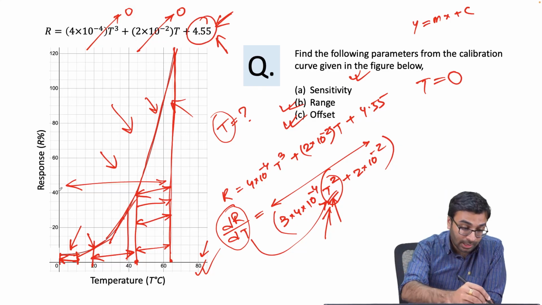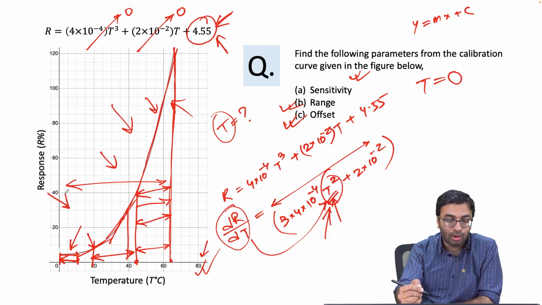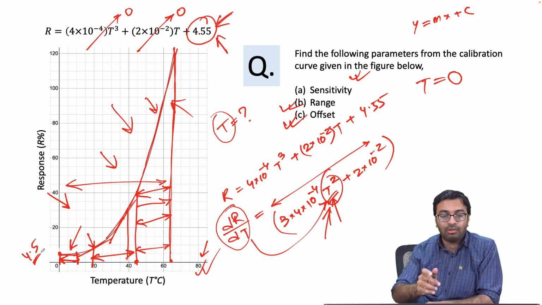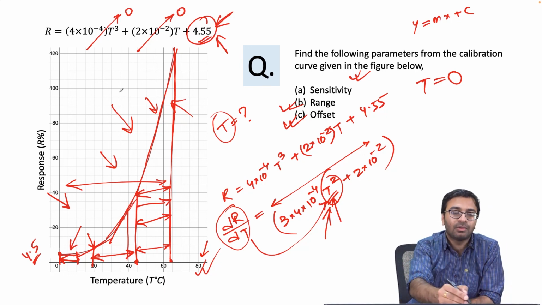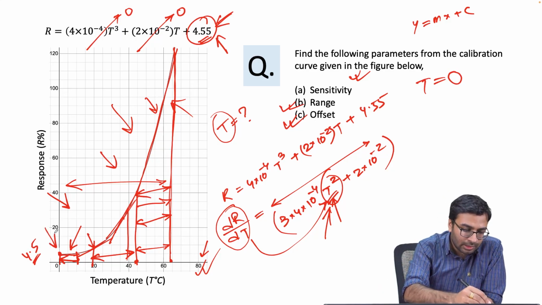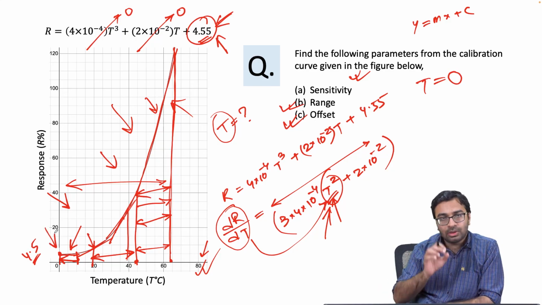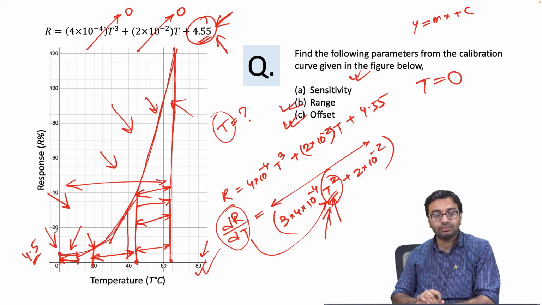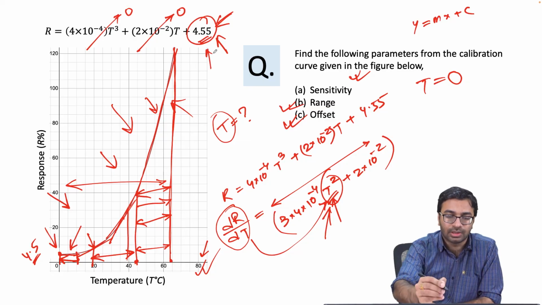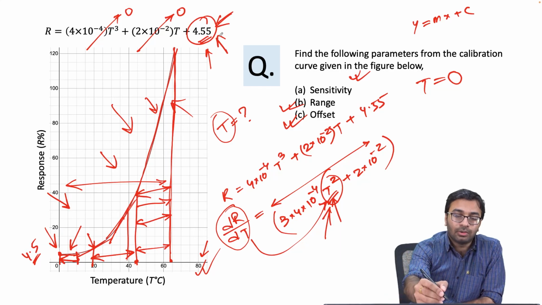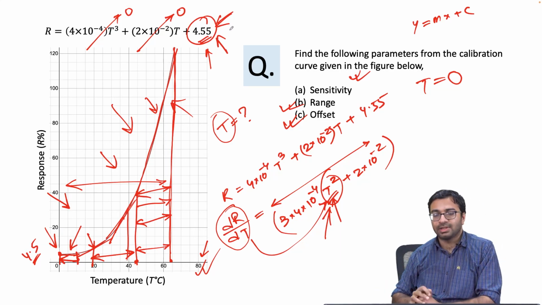Now if you go by the calibration plot, you may find that this value is 4.5 or close to 4.5, but the accurate value is 4.55. So it's better if you have an equation, you calculate the offset from that equation rather than considering the visual plot, until and unless it's very precisely mentioned in the graph. You can take the help of the equation given. So you just put t equal to 0 and you will be able to get the offset of that sensor.